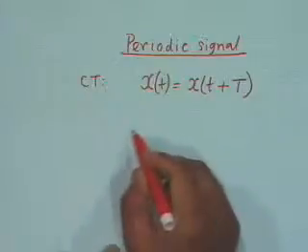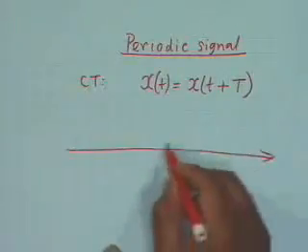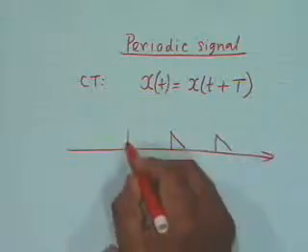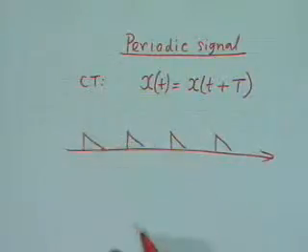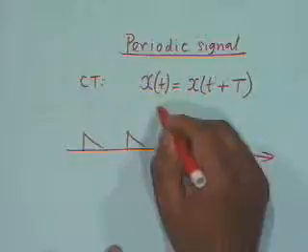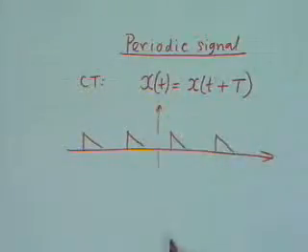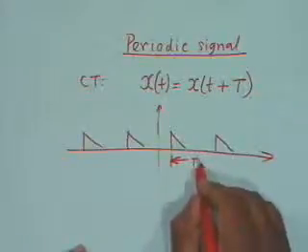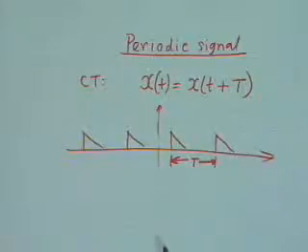For example, if I have a signal which repeats, this is x of t, which repeats at regular intervals of time, and this distance is capital T, then it is a periodic signal.